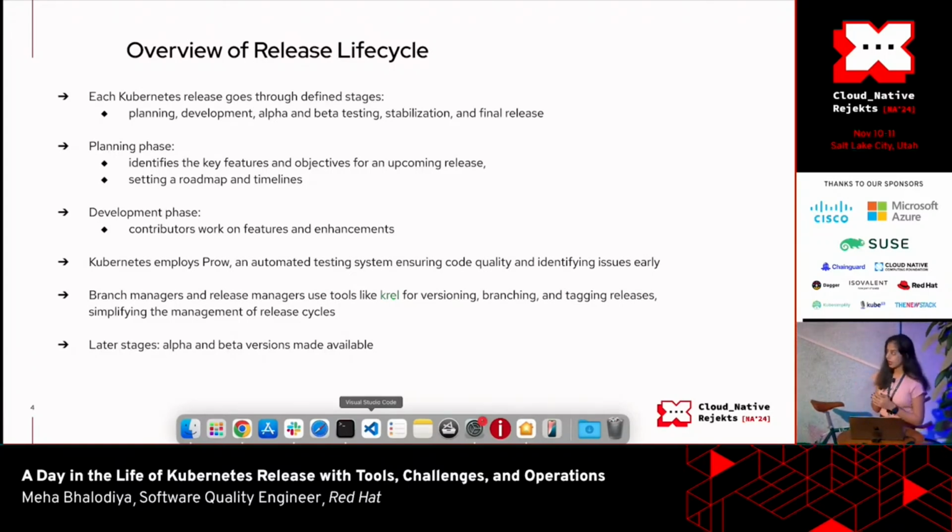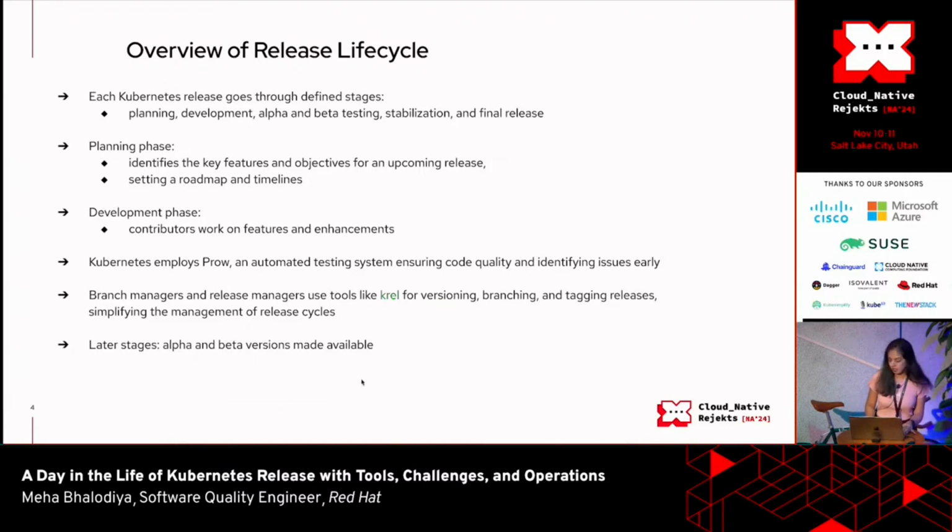Initially, the planning phase identifies the key features and objectives for an upcoming release. Then the maintainers set a roadmap and timelines. During the development phase, the contributors who have been assigned to the features work on them, and with the help of extensive, streamlined CI/CD pipelines, we validate them.